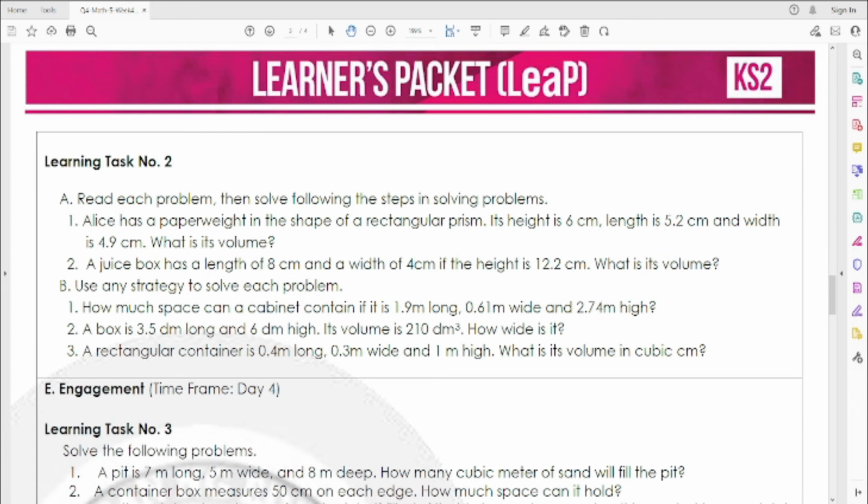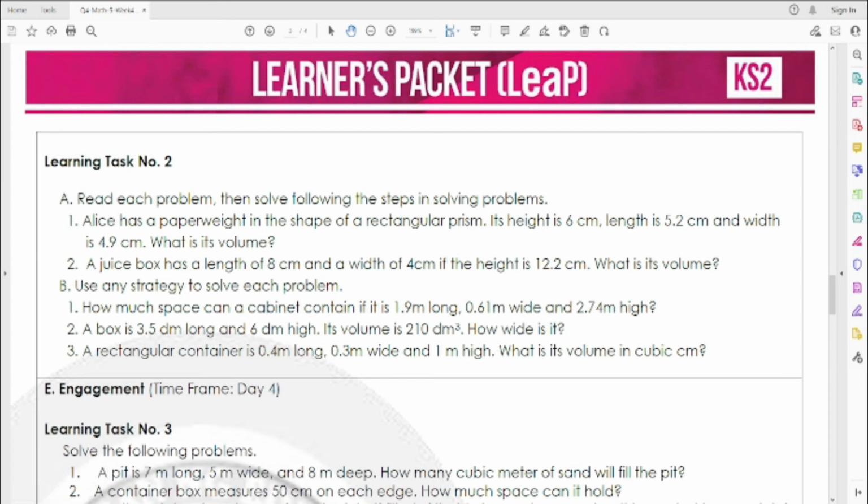Its height is 6 centimeter, length is 5.2 centimeter, and width is 4.9 centimeter. What is its volume? For number 2, a juice box has a length of 8 centimeter and a width of 4 centimeter. If the height is 12.2 centimeter, what is the volume of this juice box?